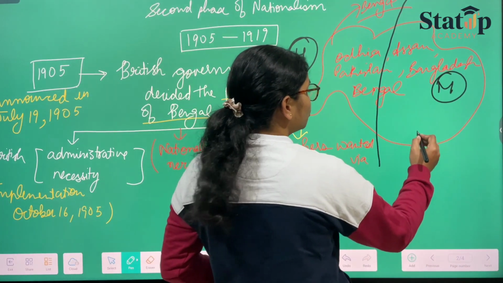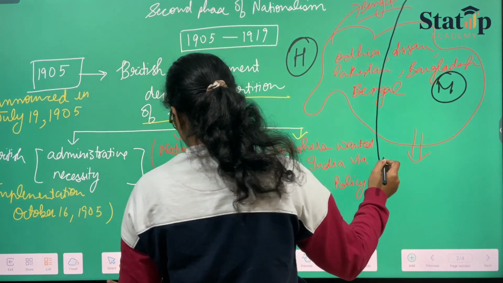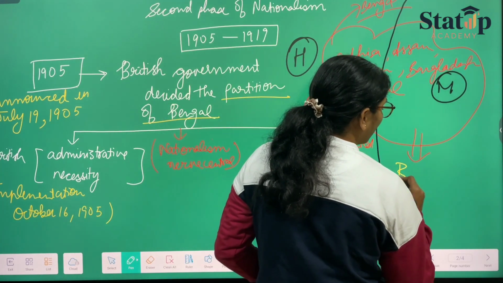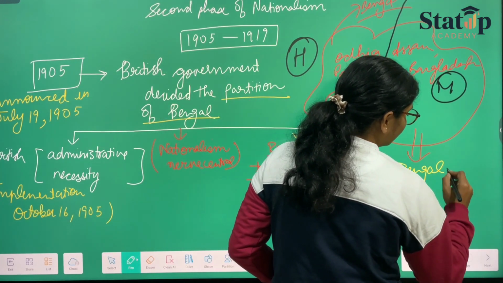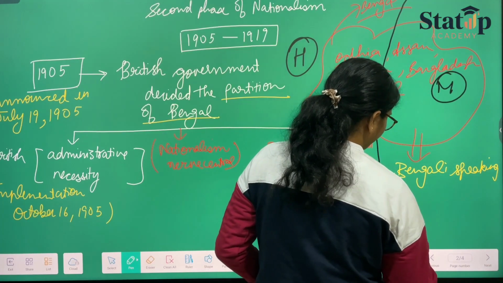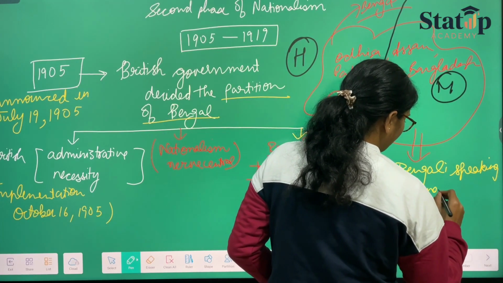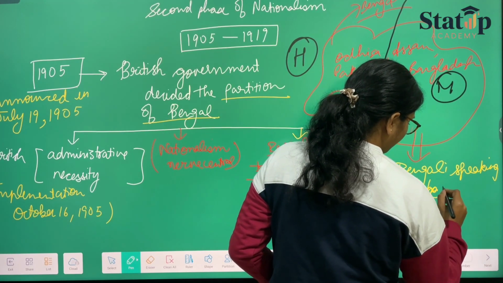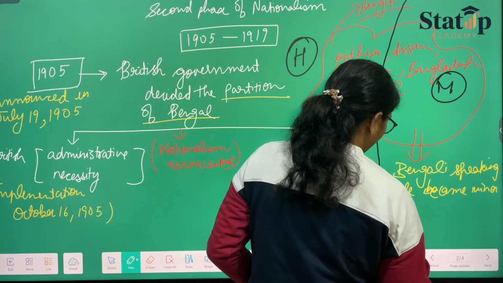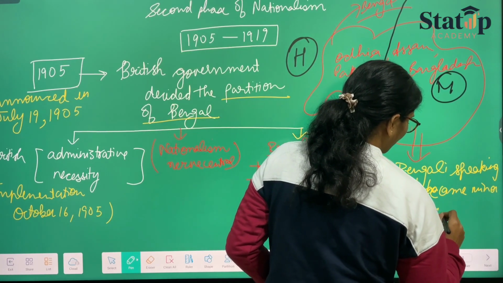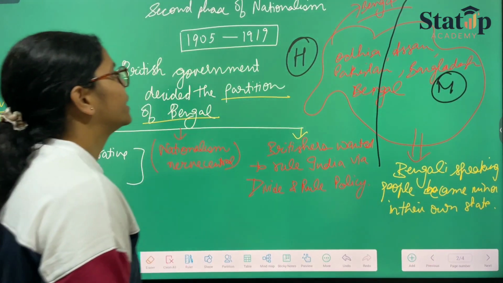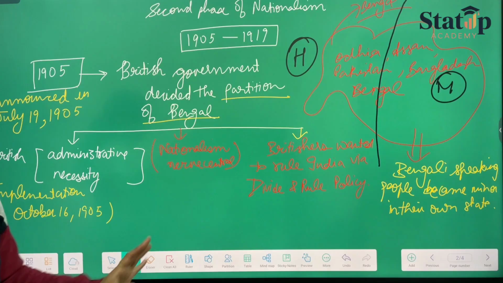And due to this partition, the Bengali speaking people became a minority in their own state. So this whole thing happened in 1905.